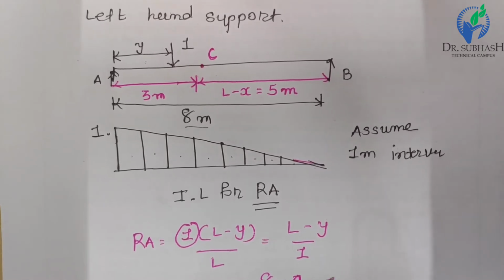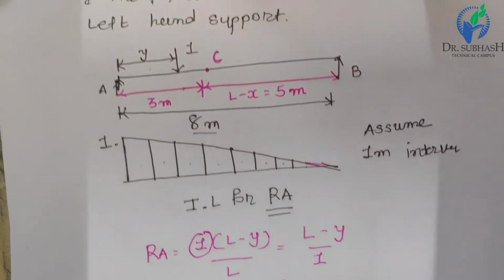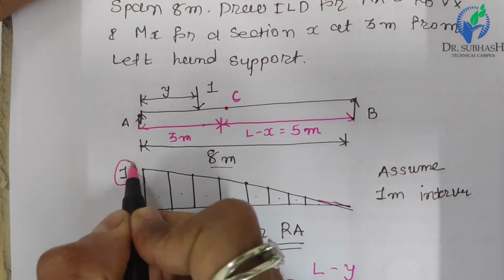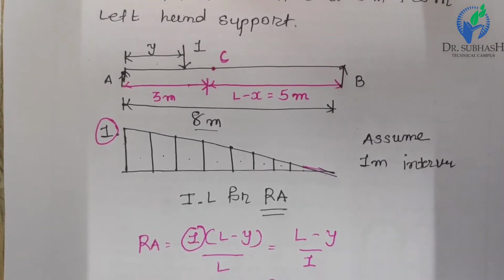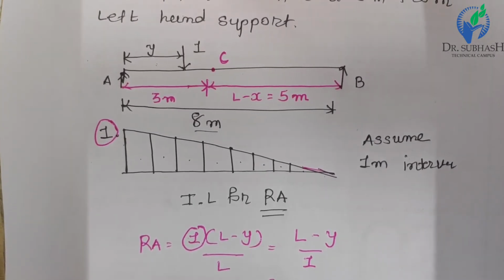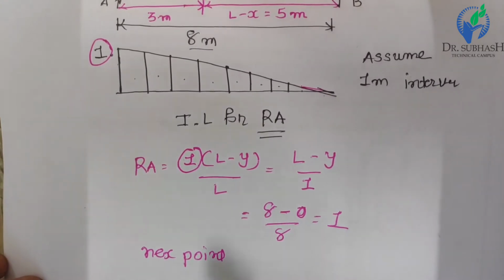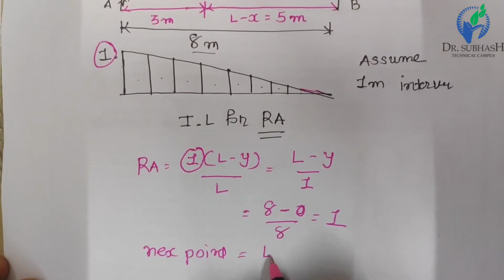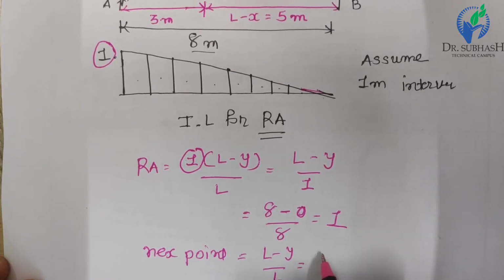So 8 by 8 is 1; you can see 8 minus 0 over 8. So our first point is nothing but 1. What is the next point, at the next interval? Now put the value in L minus Y upon L, with Y equal to 1.